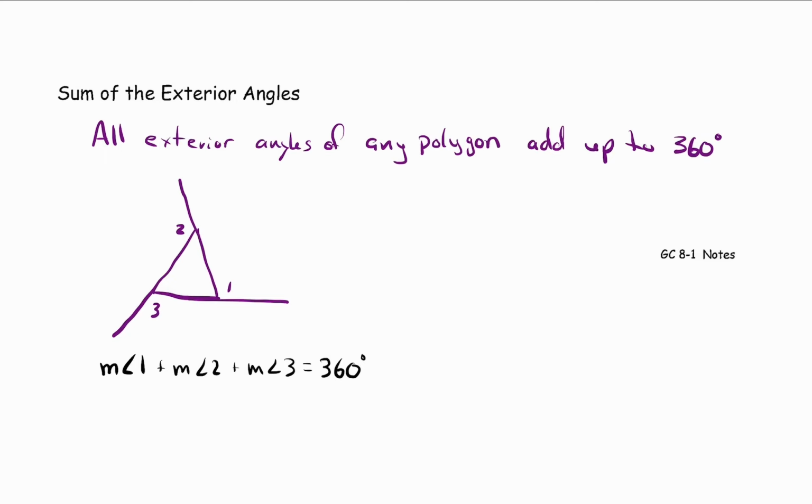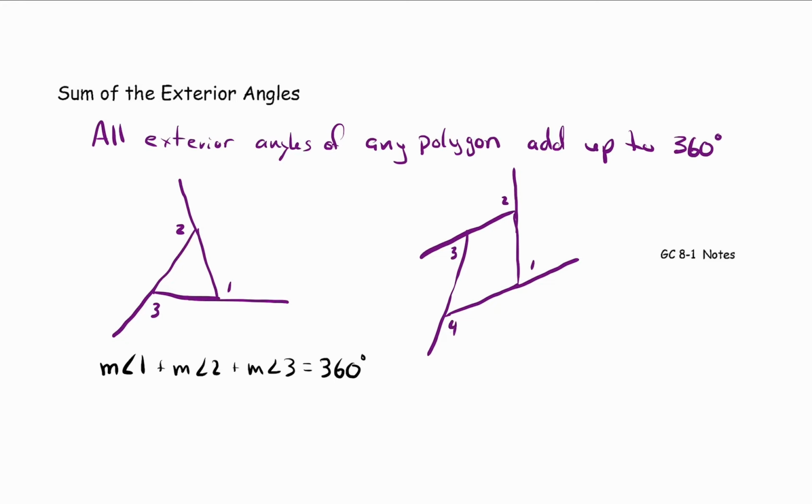Okay, so that works for triangles, but it would also work for a quadrilateral. So let's take a quadrilateral here. Remember, a quadrilateral is just a 4-sided shape. Again, extend those sides so that we have exterior angles. Now I have angle 1, 2, 3, and 4.